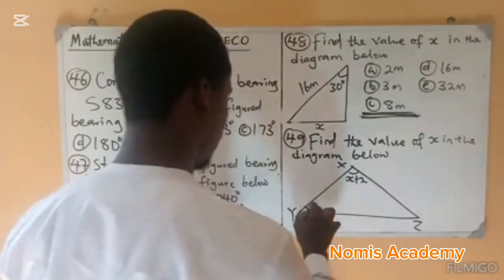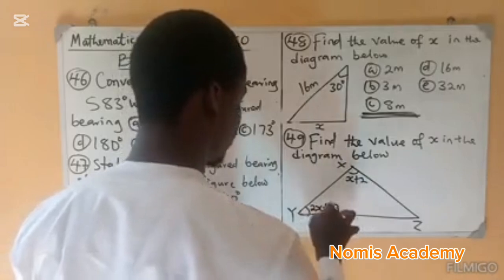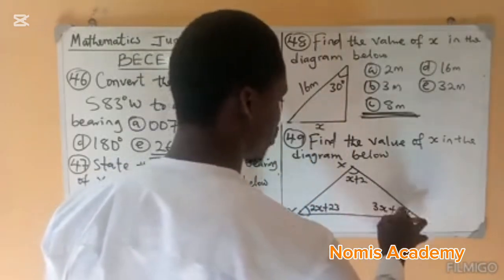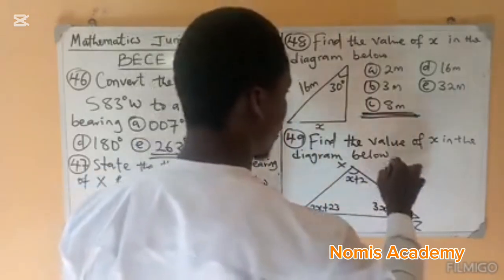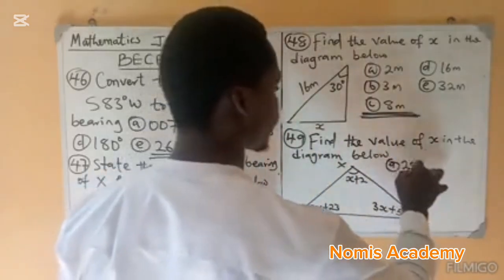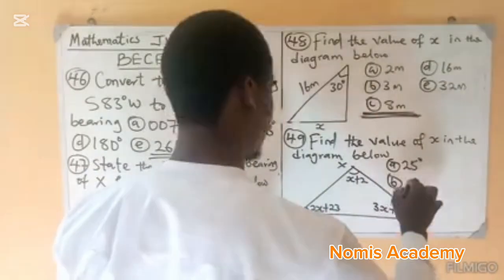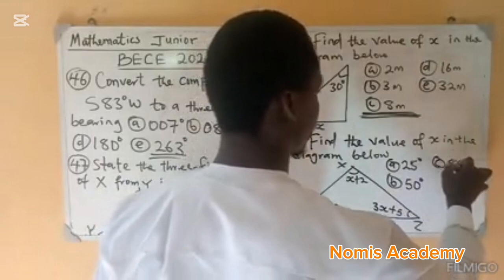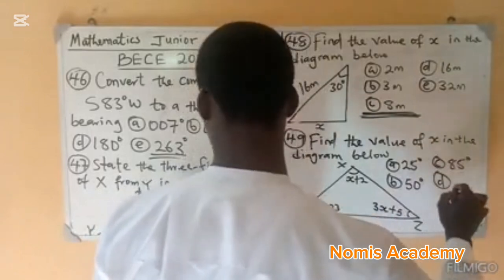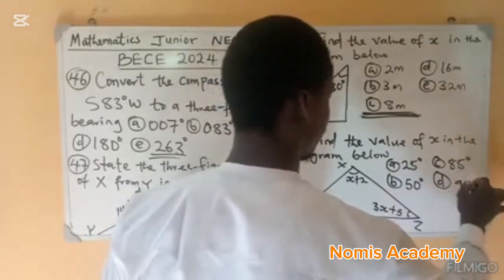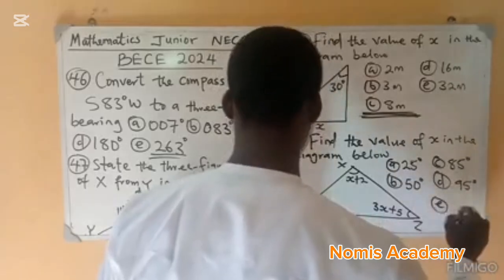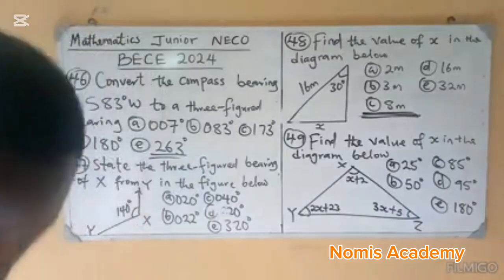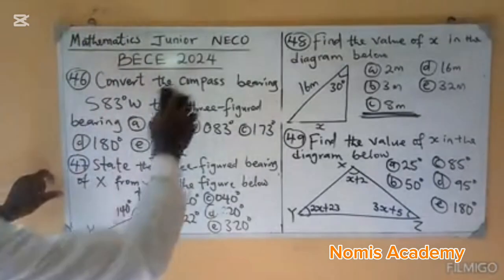Angle y is 2x plus 23. Angle z is 3x plus 5. Now the options are A, 25 degrees, B, 50 degrees, C, 85 degrees, D, 95 degrees, and then E, the last option, which is 180 degrees.